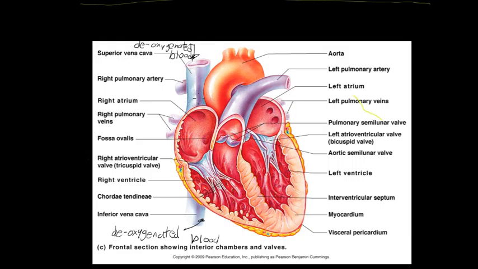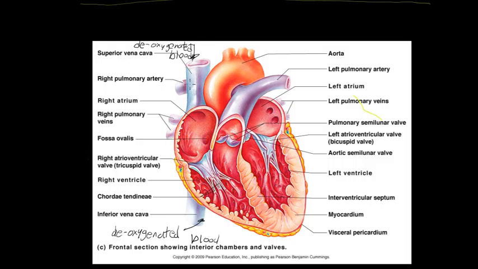So this is blood from everywhere but the lungs that has been removed of oxygen and picked up carbon dioxide. Remember, the cells of the body use the oxygen and create carbon dioxide as a metabolic waste product.